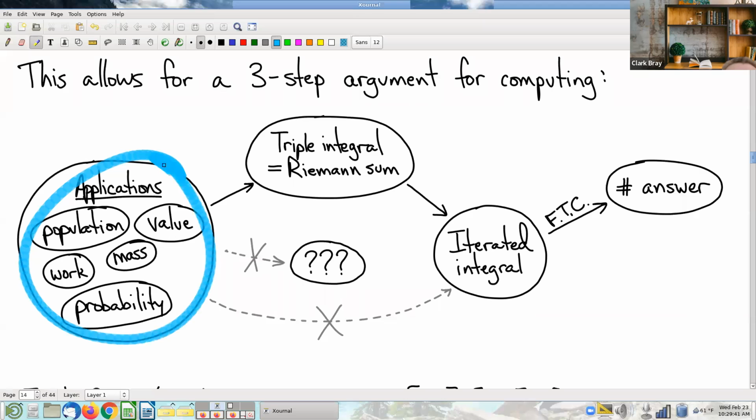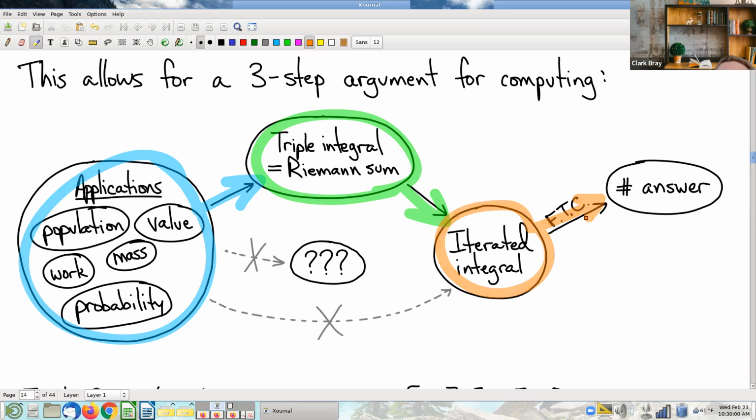Whatever your application is, step 1, write it as a Riemann sum, aka triple integral. Step 2, you're going to rewrite that triple integral as an iterated integral. And then step 3, you're going to compute that iterated integral with the fundamental theorem.